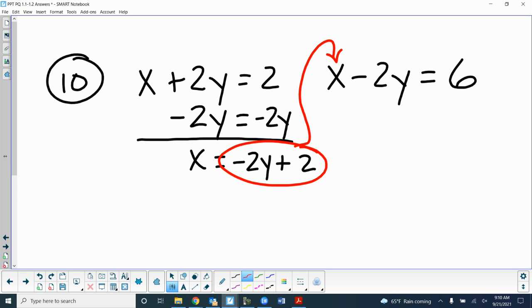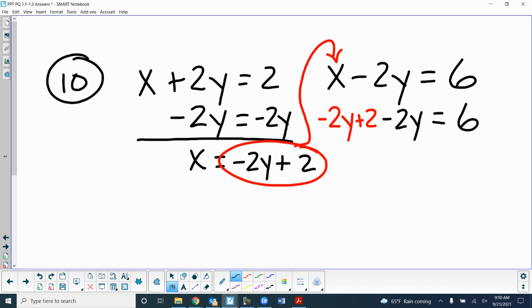Connor, you know how to do these, right? Yeah. Okay. So we're going to put negative 2y plus 2 in place of that x, and then minus 2y equals 6. So nothing else changed, just the x changed to that negative 2y plus 2.